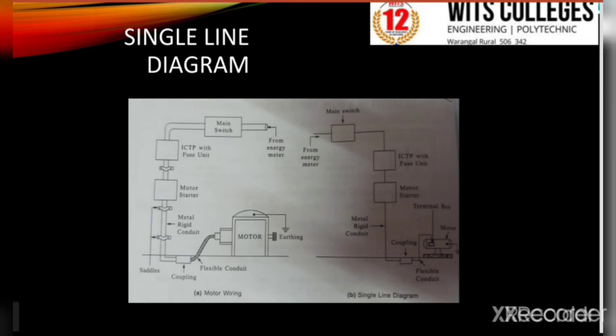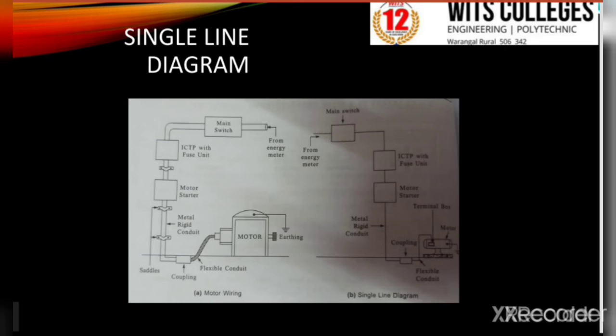So here the motor has its own ICTP switch. ICTP is nothing but iron clad triple pole switch, and the motor starter is placed at a height of 1.5 meters from ground level. Why do we take 1.5 meters ground height? According to the IE rules, the Indian Electricity Rules, the height of the motor starter should be 1.5 meters.